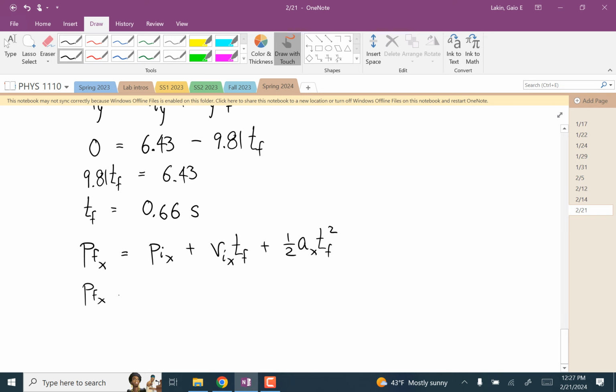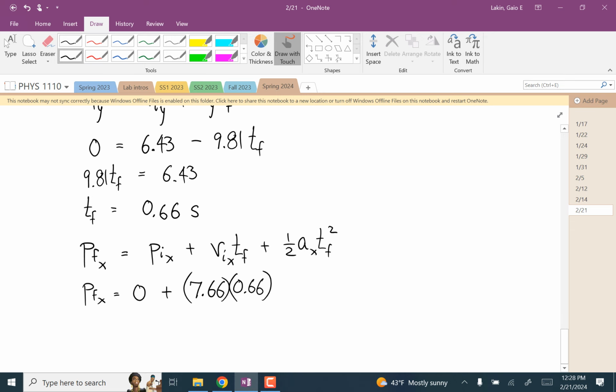So PFX is equal to 0 plus, what's VIX? Yep, right, 7.66, and then TF is 0.66.